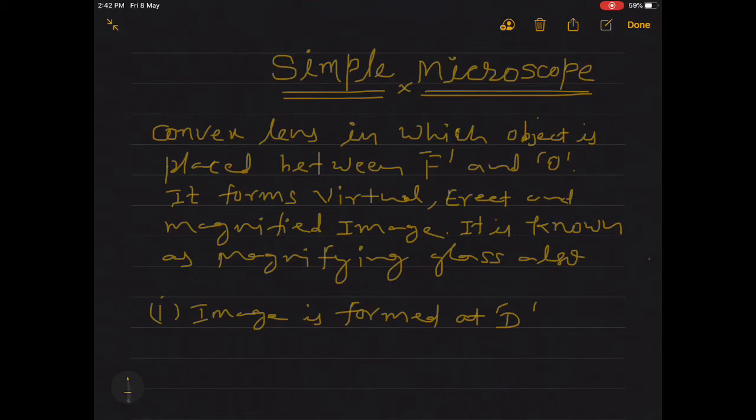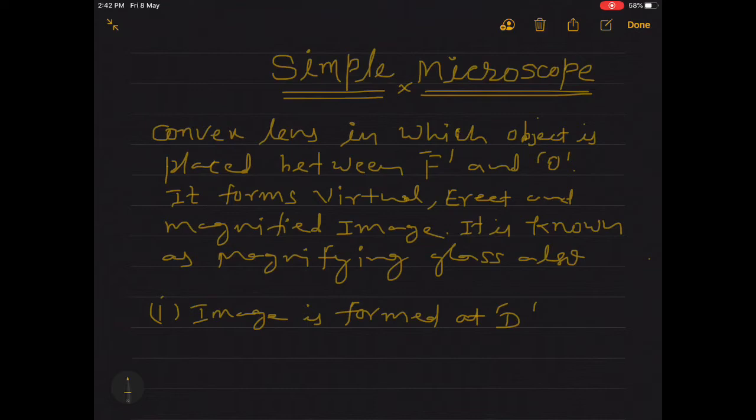So there are two cases of image formation which are considered here. The first is when image is formed at D. You might have studied in class 10th that there are two vision points of normal human eye. The first is near point and the second is far point.